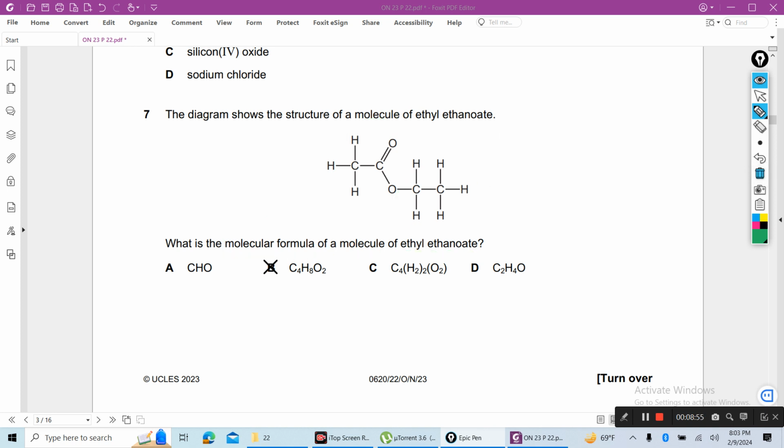The molecular formula shows the total number of atoms. Now count how many carbons: 1, 2, 3, 4, so C4. Hydrogens: 1, 2, 3, 4, 5, 6, 7, 8, so H8. And 2 oxygens. So the molecular formula will be B, ethyl ethanoate, C4H8O2.